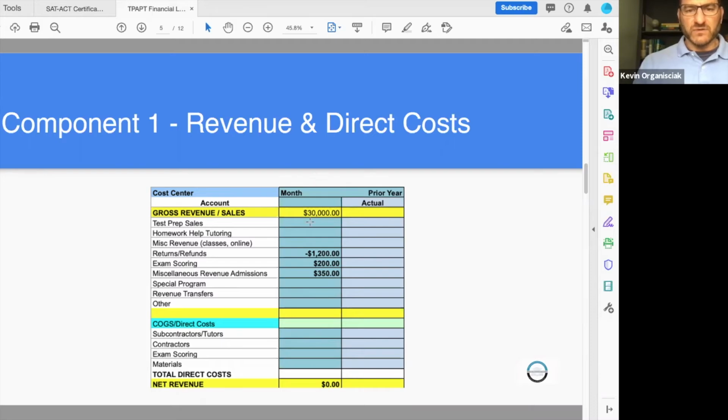So you're going to have sales minus returns or money back guarantees, minus expenses for delivering those specific products, and that's going to give you your net revenue. This is not auto calculated, so don't try and do the math and think, what's going on here?